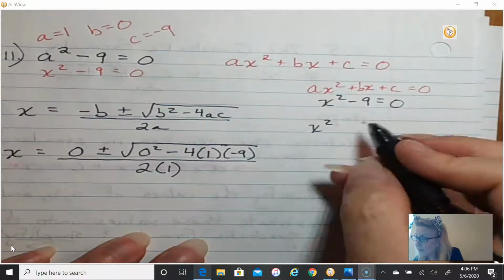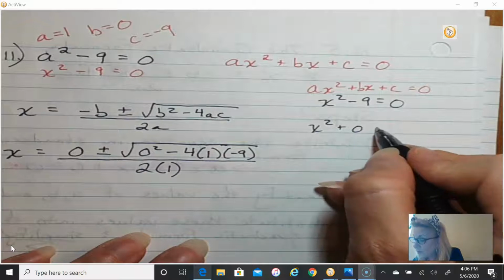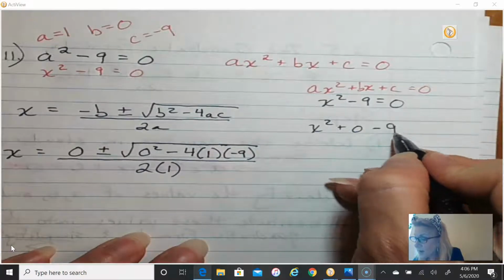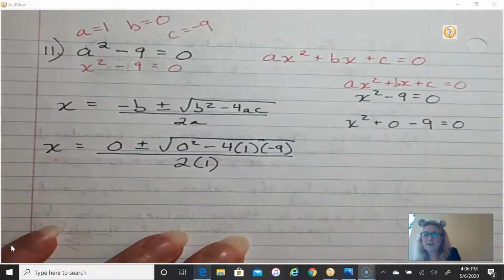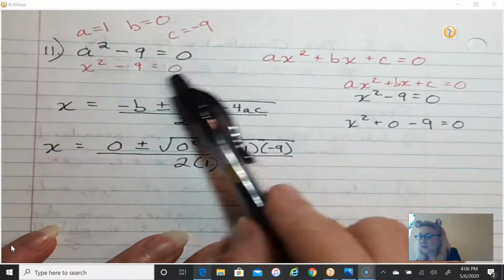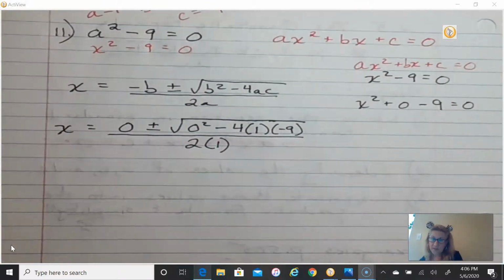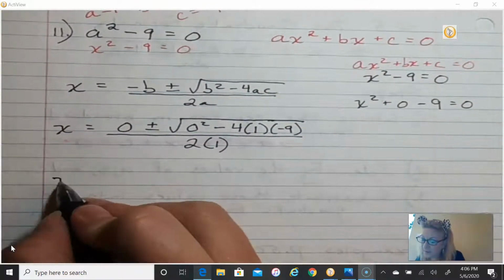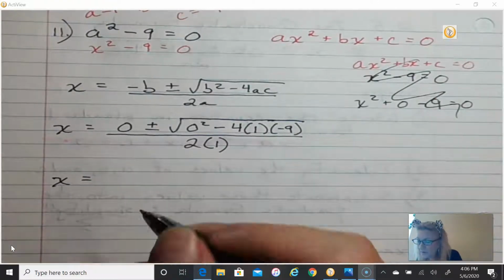X squared plus 0 minus 9 equals 0 sort of thing. I'm afraid since you're not in class, I can't even explain it if you're lost right here. Hopefully you're getting it. Okay. Now we start solving. Don't even worry about all that, but hopefully y'all get where I'm going.